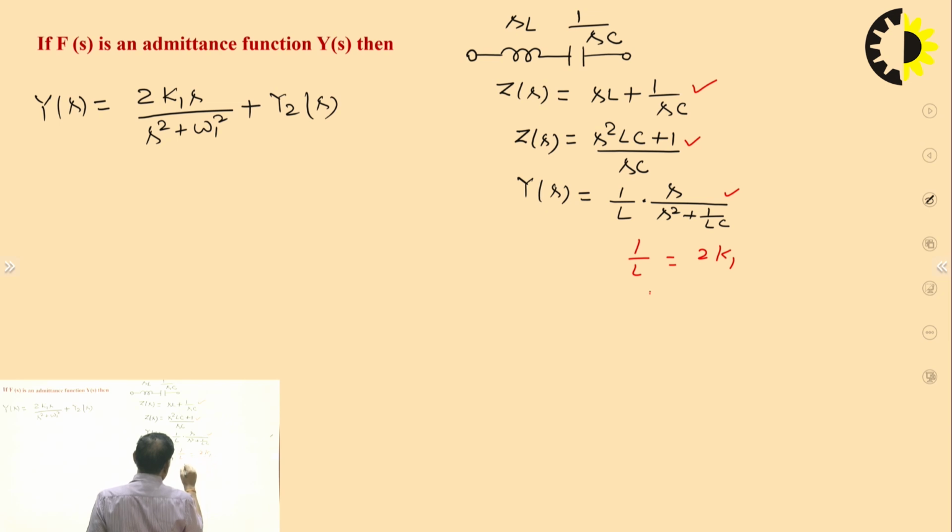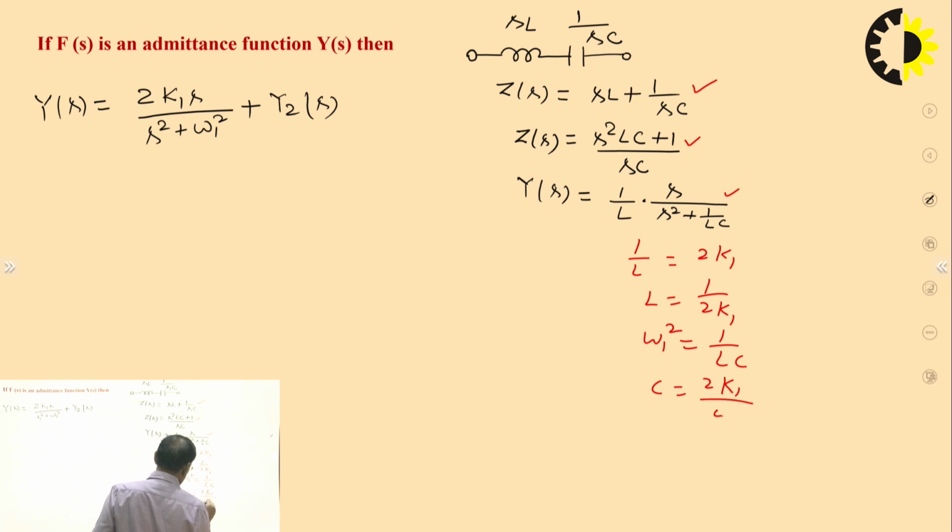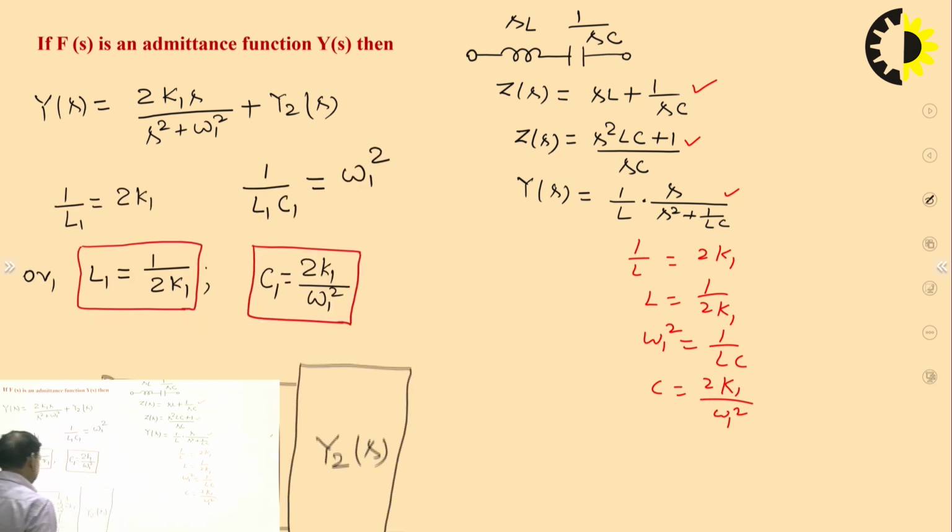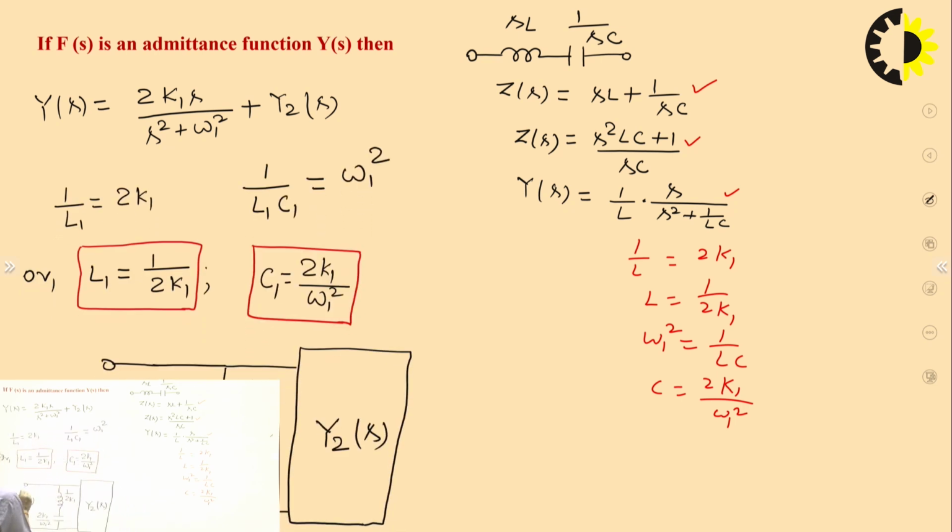So L1 is 1 by 2 K1, and omega 1 square is 1 by LC, so we can get C. C is 2 K1 upon omega 1 square, and the circuit is like this. If the function is admittance, L and C are connected in series and in parallel with the remaining elements of the network or circuit.